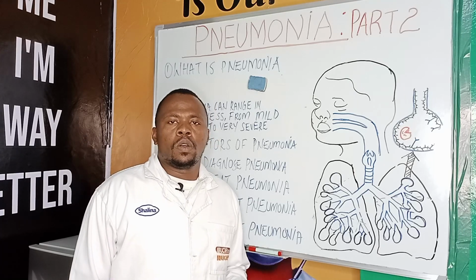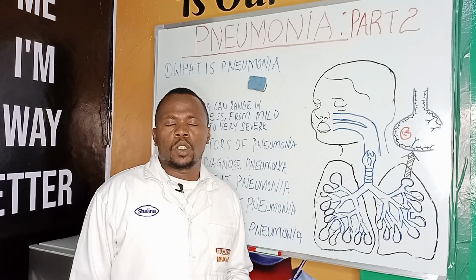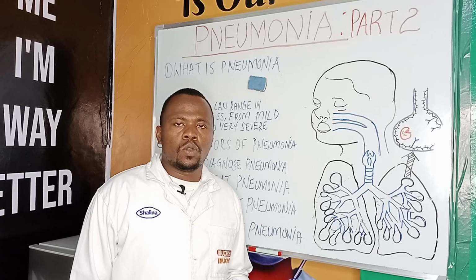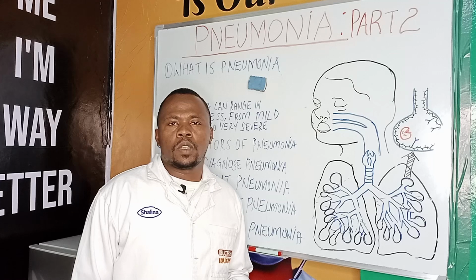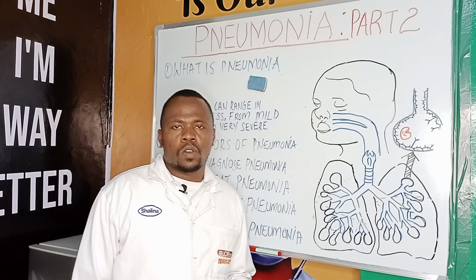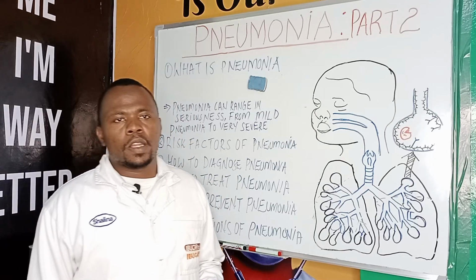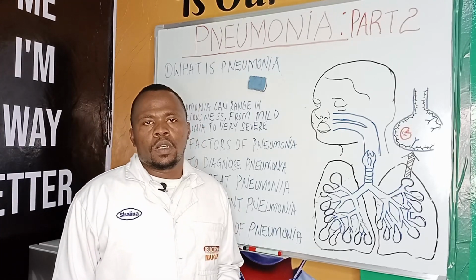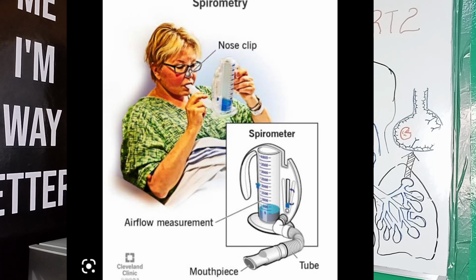Number two, we have a sputum evaluation. You may be asked to produce sputum. This sputum will be evaluated for the bacteria that is causing your pneumonia. Number three, we have pulse oximetry.